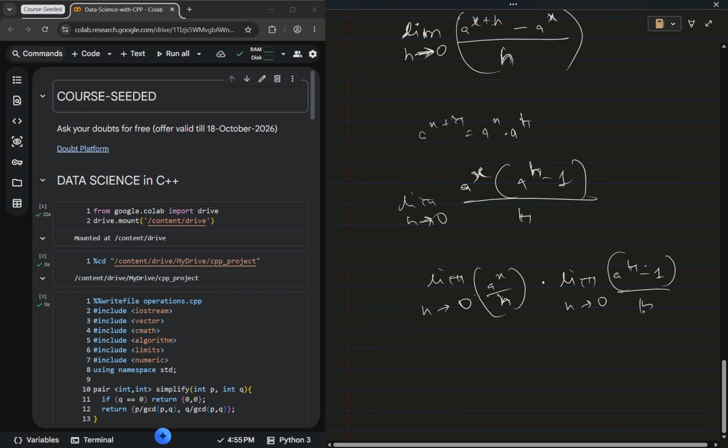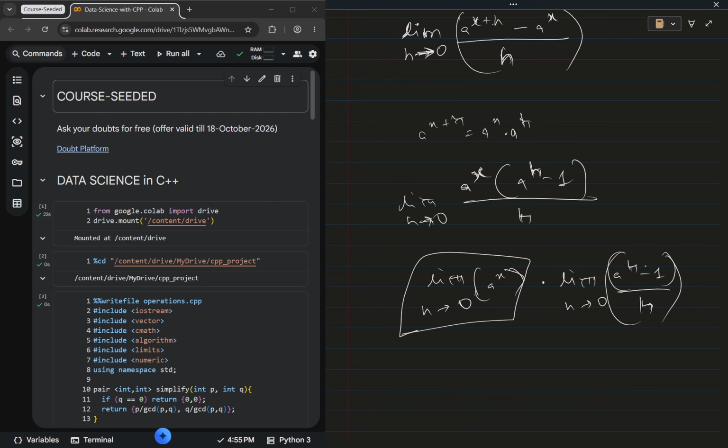So let's take h over here, because that will be more beneficial for us. So you have an expression that does not have any h in it, and we got it outside that limit. For this you can obviously write this directly as e to the power x.